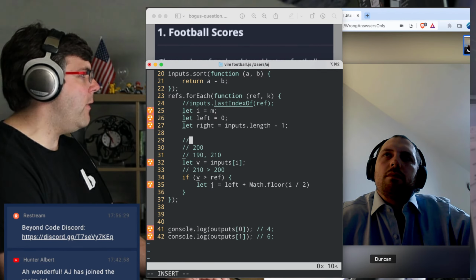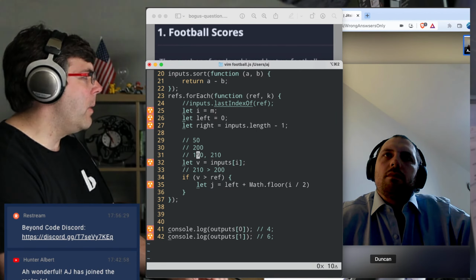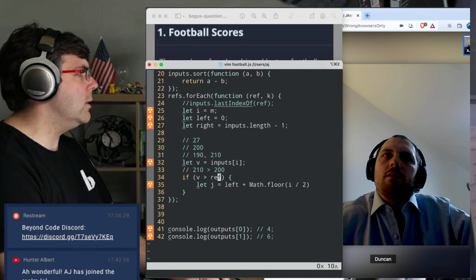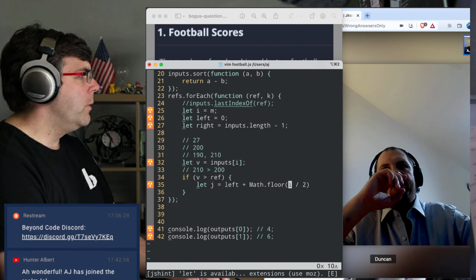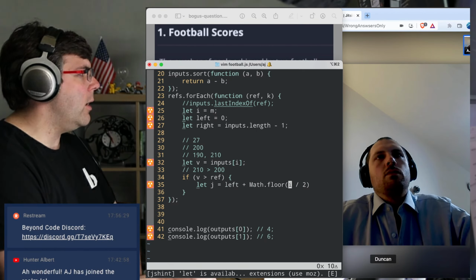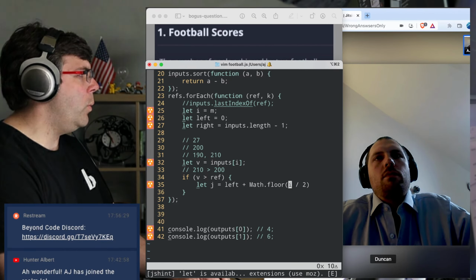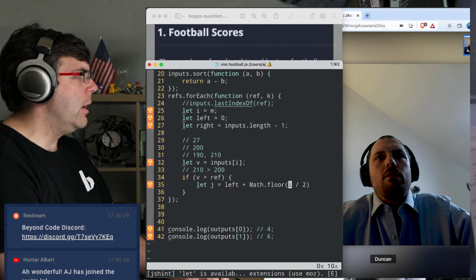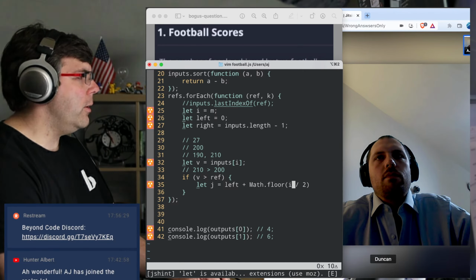So let's say our I value right now is at 27, that way we get something that will give us a remainder. If we take 27 as our index and divide that by 2, we get 13.5. Then we floor that so that we get 13.